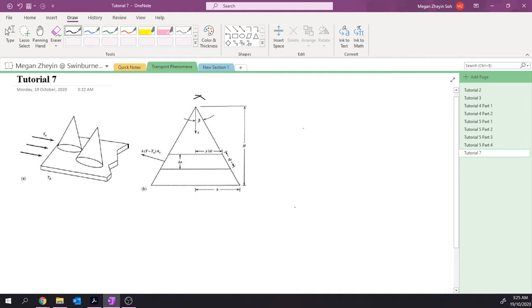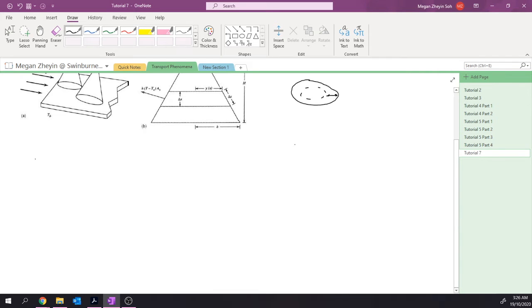So the incremental area AS is 2 pi y delta S. If we look at from the top, this would be your delta S.